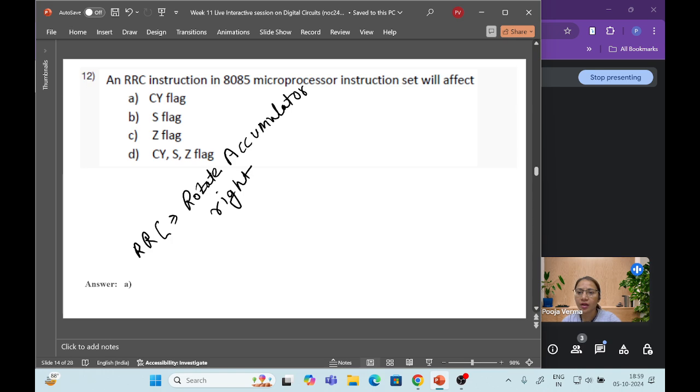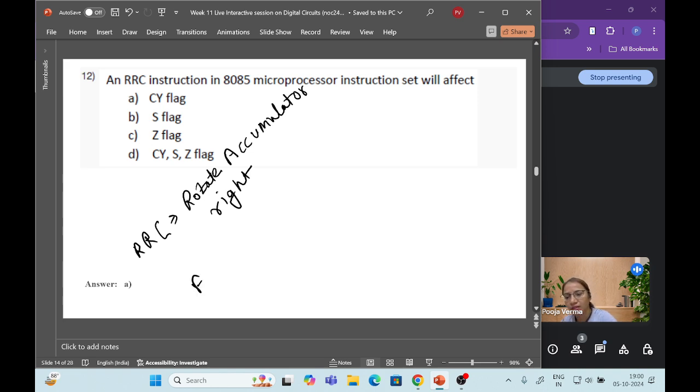Option A is carry flag will be affected, option B is sign flag, option C is zero flag, and option D is carry, sign, and zero flags, all three are affected. So let's see.